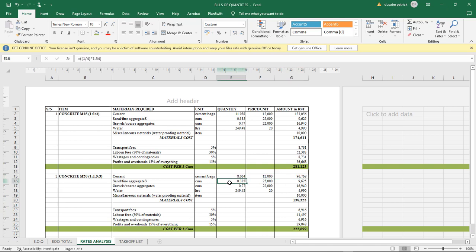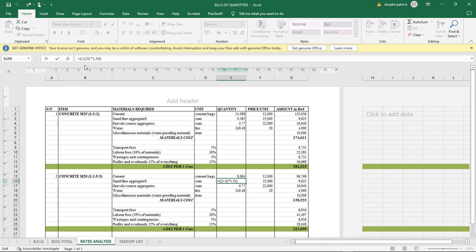So about the cubic meters, I'm gonna be coming right here. About the sand, we have actually 1.5 as the number standing for this sand.